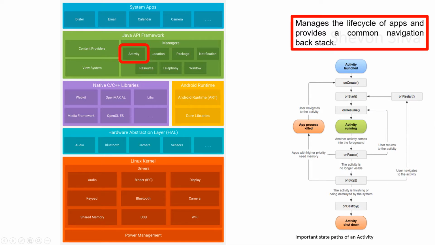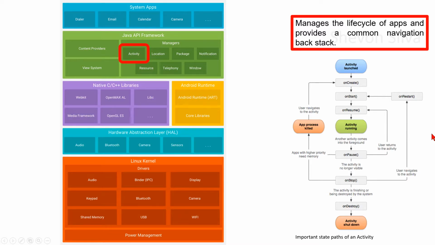The foreground lifetime of an activity happens between a call to onResume until the corresponding call to onPause. During this time, the activity is visible, active and interacting with the user.